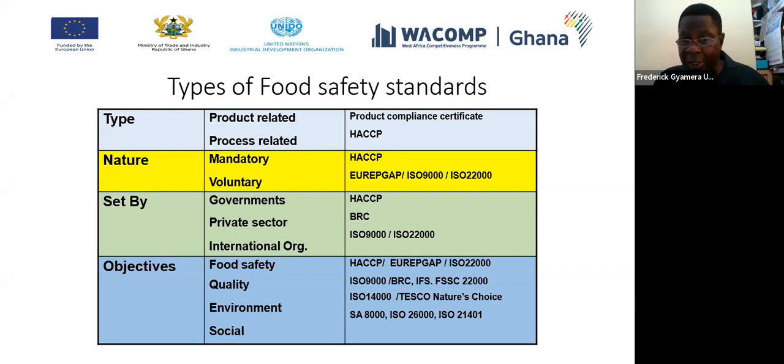Now you call it the 45,000 series of standards. And then we have 26,000, corporate social responsibility. We have a lot of standards, information security, and all that, depending on where you find yourself.